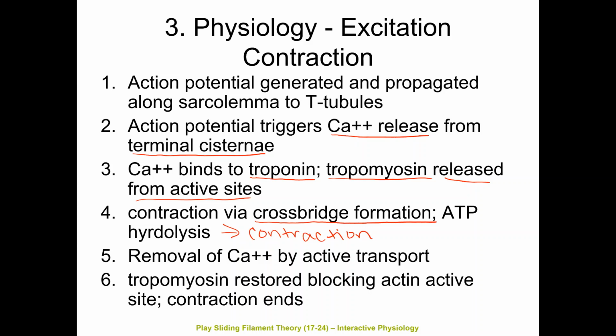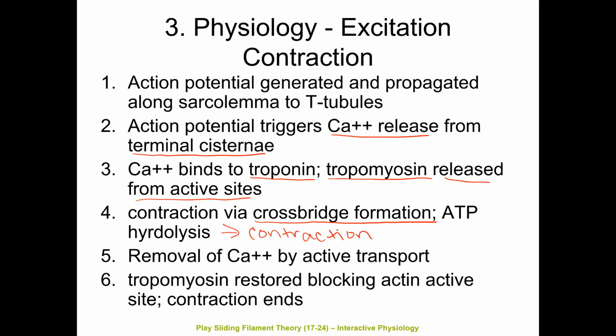If calcium unlocks the chastity belt, the last thing we want is calcium hanging around after we've gotten a contraction. So the terminal cisternae act like vacuum cleaners and they suck it back up. And that's going to cause troponin and tropomyosin to cover back over the active site. And myosin can no longer attach to actin, so the sarcomere lengthens back out and the contraction ends.